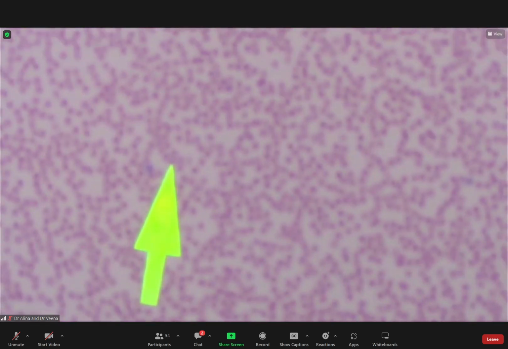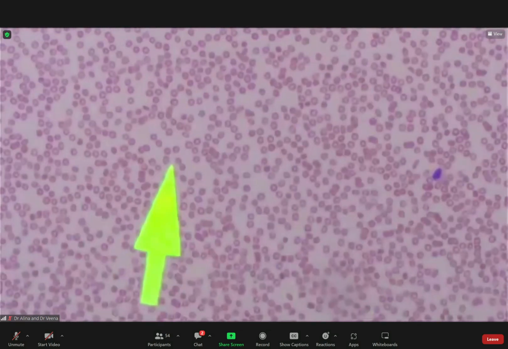Next case is an 80-year-old man who presented with fever for 10 days associated with arthralgia, myalgia, skin rashes, and lethargy. I think this one, if you've never seen it before, you'll likely miss it lah.